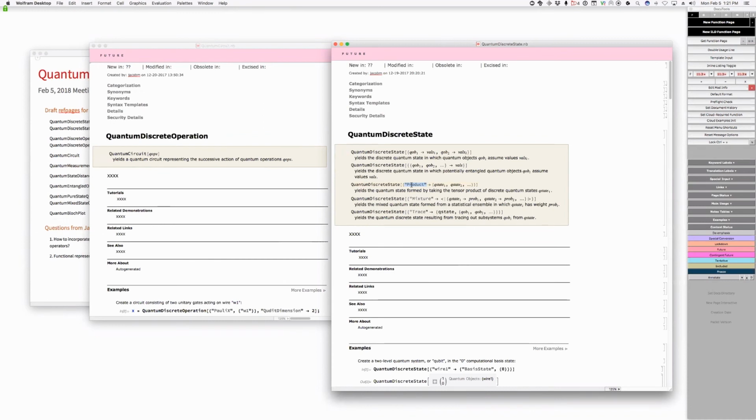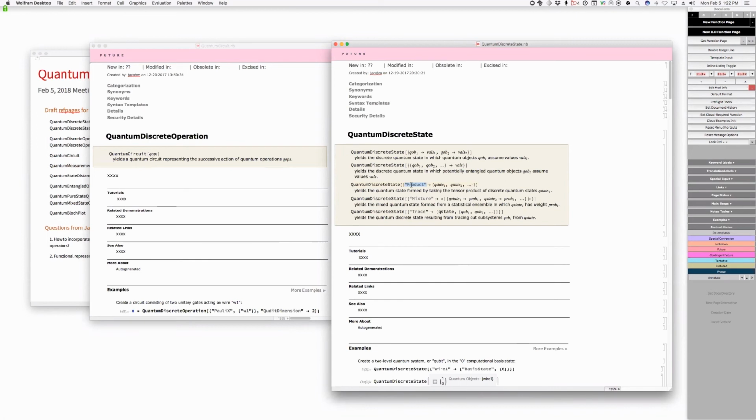And there's also an option, if you want to be consistent about the notation, you can do quantum discrete state of, and then in the first argument, like product or mixture or trace, you could say quantum objects, then arrow, and then you can have the stuff that you had as the input in the first and second examples. So that's just another constructor. But if you don't put a constructor, then it assumes that it's just quantum objects.